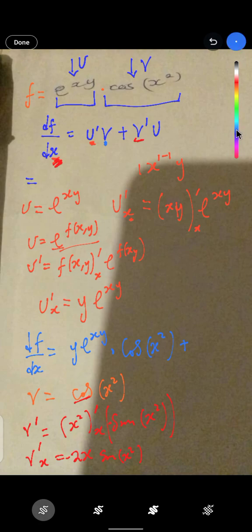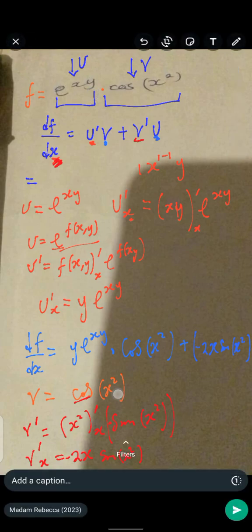So v prime is just negative 2x sine x squared, then times u, which is coming from here.